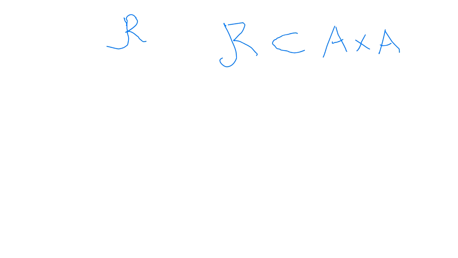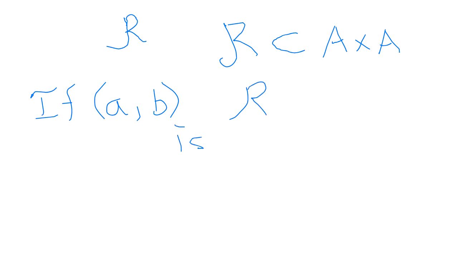So now, write this down, next sentence: if (a, b) is in R. Write the words this time, don't write the element-of symbol, write the actual words. I'm trying to paraphrase, understand.